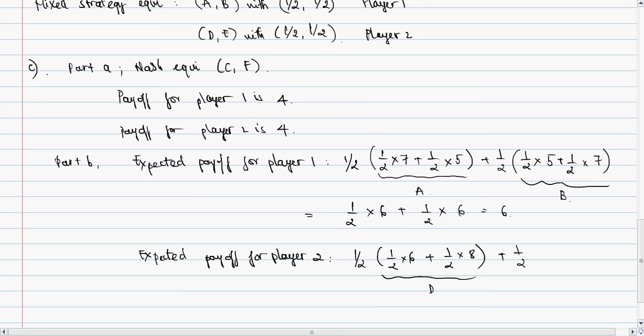Now half of the chance player 2 will be playing E, and the payoff he gets by playing E will be half multiplied by 8.